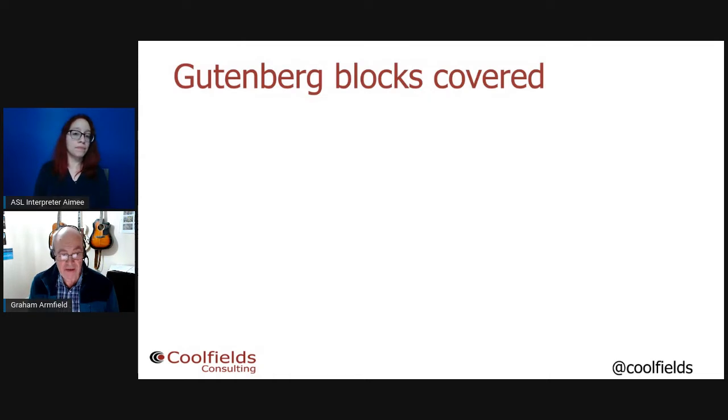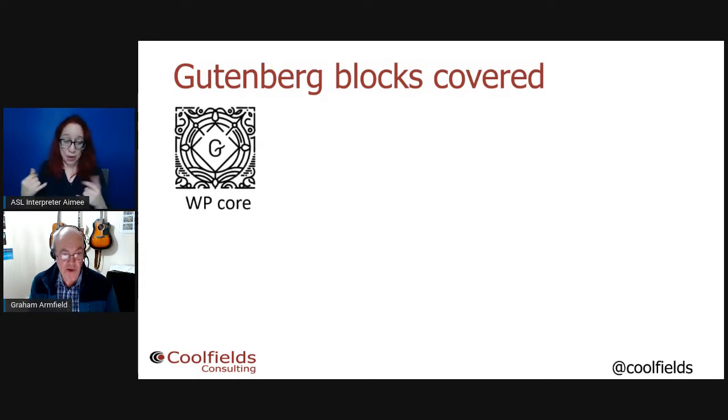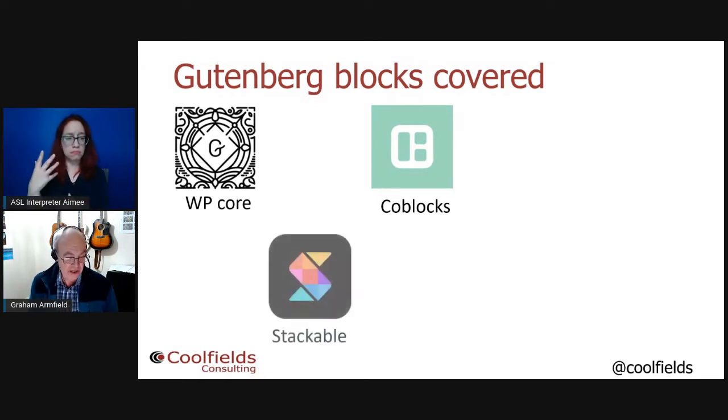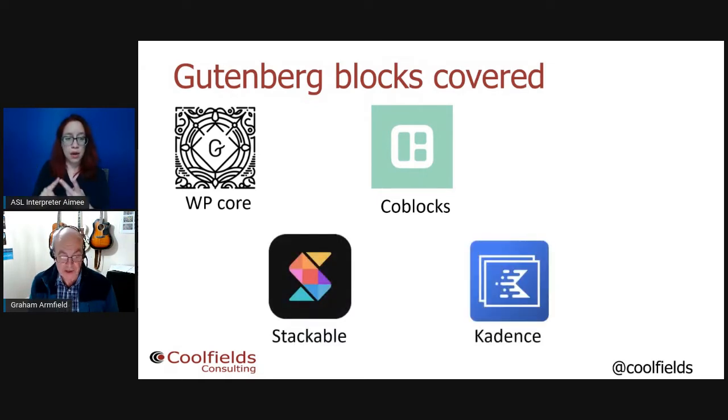Now there are hundreds and hundreds of Gutenberg blocks. I couldn't cover all of them, obviously. I picked up some of the core ones to start with, and these are ones that are available on every install of WordPress now. I also reached out and asked some people which were the other popular ones, and I chose some from CoBlocks, some from Stackable, and some from Cadence.